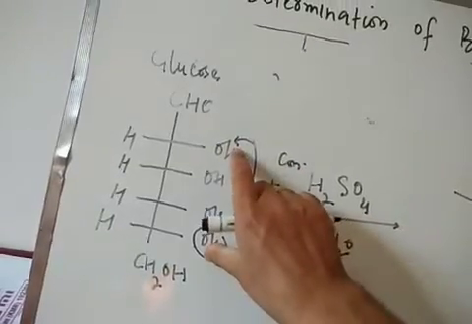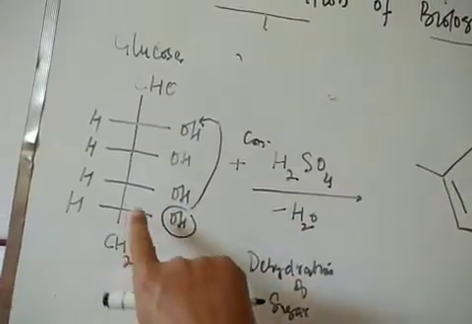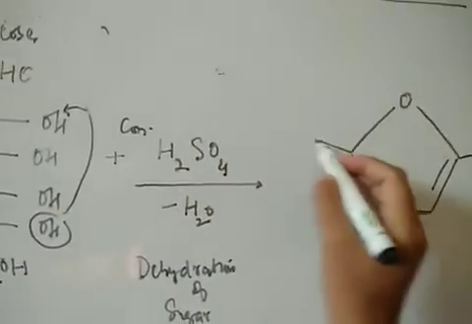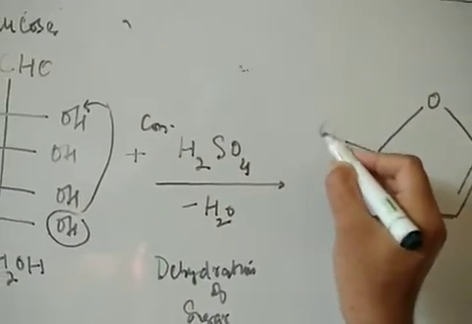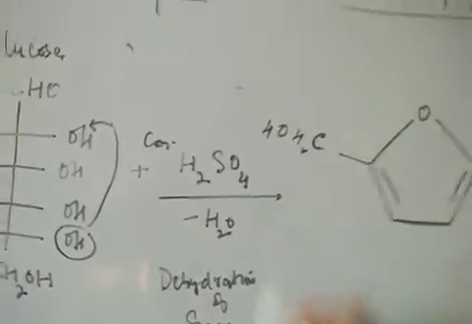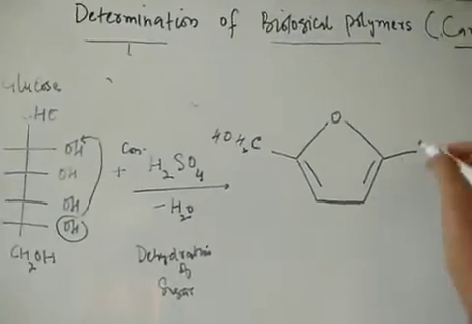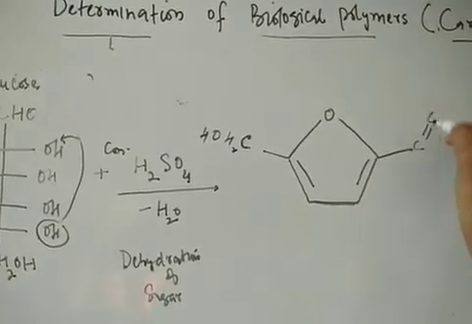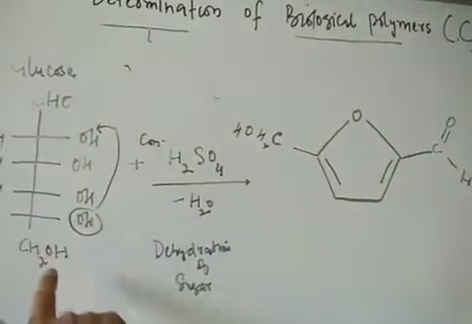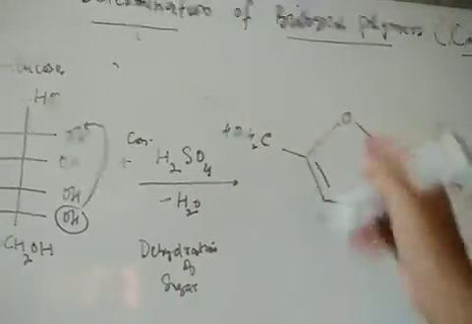Between the two molecules we have dehydration, so that we have 1, 2, 3, 4 carbons, and a water molecule gets lost. Here you have CH2OH on this point, and here you have an aldehyde group. So the aldehyde group is this one, and CH2 is this one; this is our compound formed.